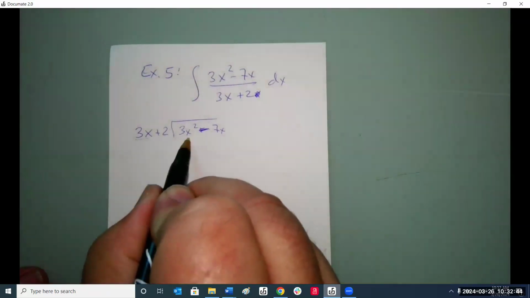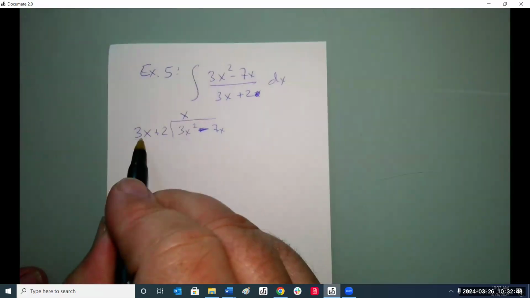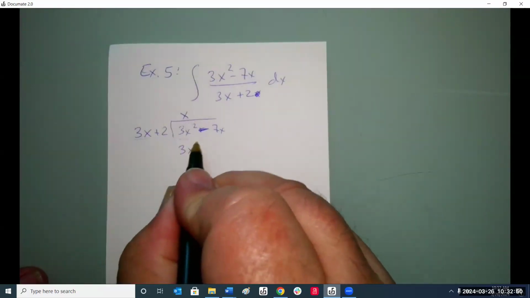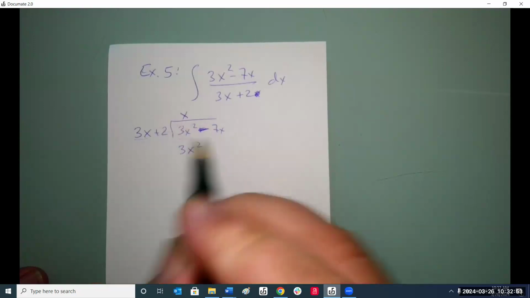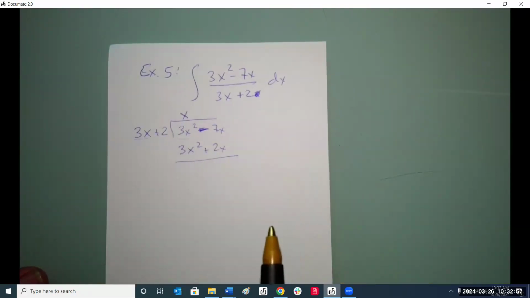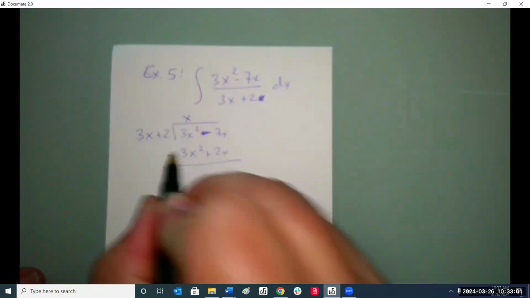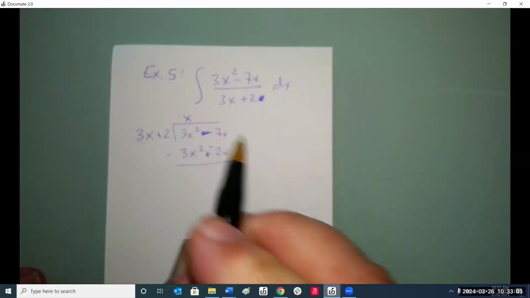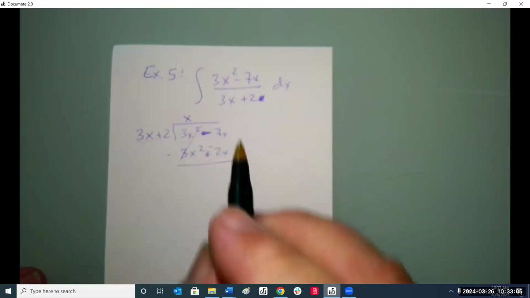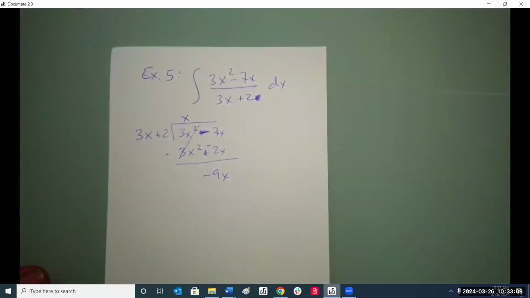What times 3x gives me 3x squared? It's x. X times 3x is 3x squared. X times positive 2 is positive 2x. Change the signs. So those cancel. Negative 7, negative 2 is negative 9x.